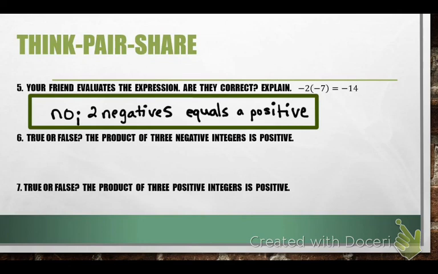All right, so according to that, instead, this should have been positive 14, okay? Because negative times a negative, that's an even number, and anytime you have an even number of negative signs, your answer is always going to be positive.